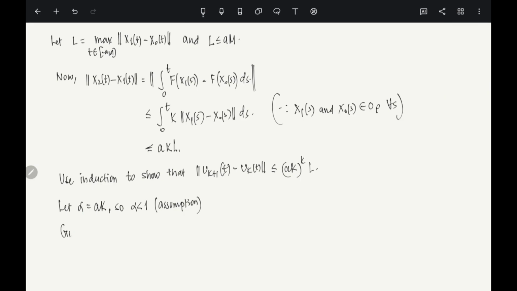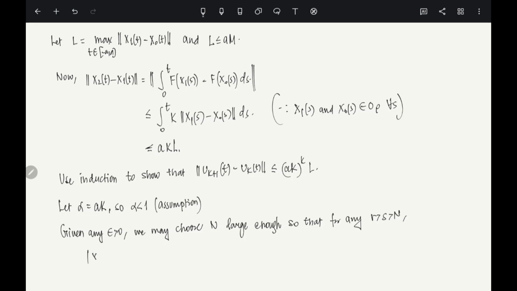So now you see, given any epsilon positive, we may choose n large enough so that for any r greater than s greater than n, what do we have?